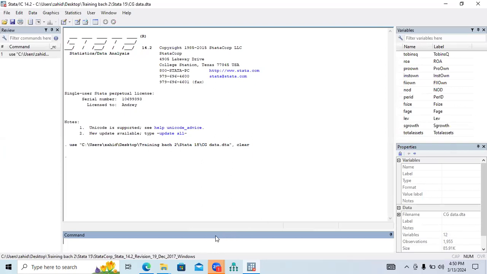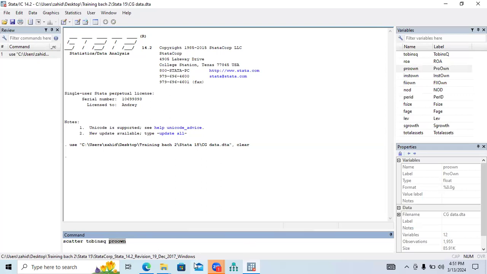So what we need to do to consider the linear relationship between IV and DV? First we need to write scatter. Then we need to write the dependent variable, for example Tobin's Q, which is our dependent variable, and our first independent variable is ROA. First you write the dependent variable, then the independent variable.